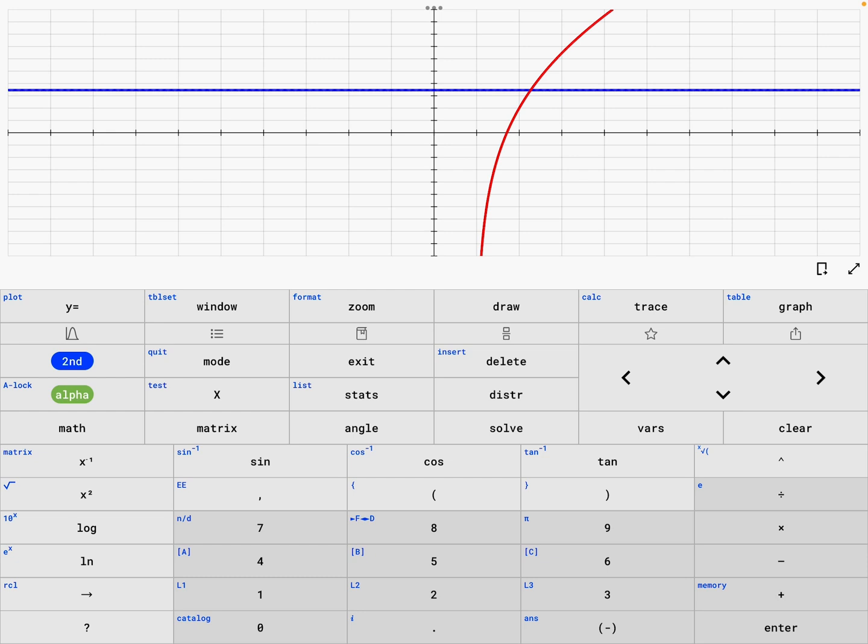To check their intersection on a calculator, you're going to press the second button, and then the trace button. The trace button is the button second to the right, far right, next to graph, where you see that calc and trace.